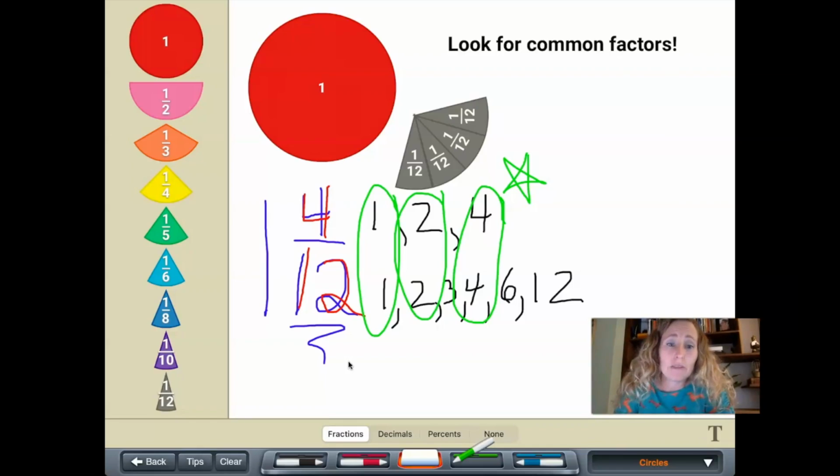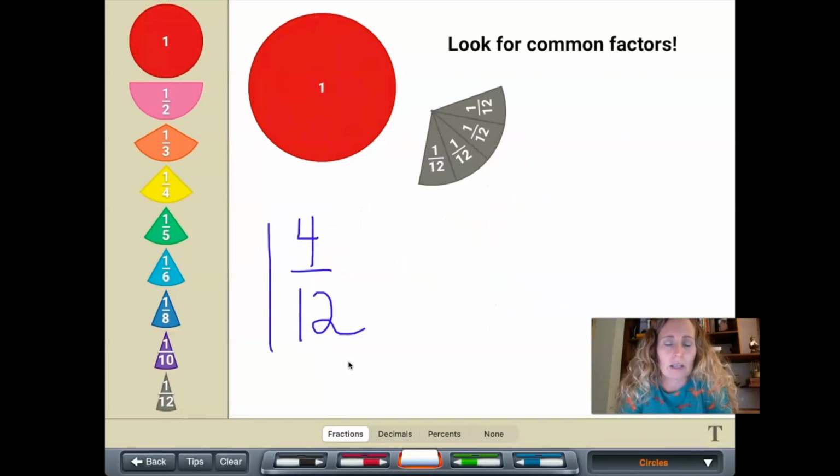And so if we divide the top number and the bottom number both by 4, remember we always have to use the same number when we're dividing or multiplying those fractional pieces. So if we divide these both by 4, we should be able to get this exact amount, but in simpler form. Let's take a look at that.